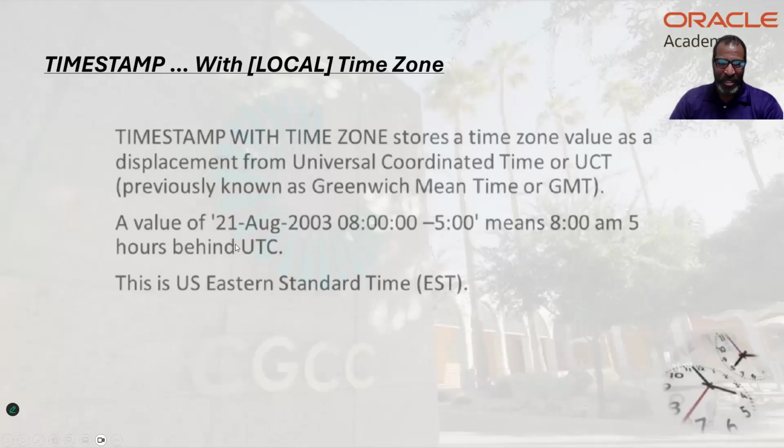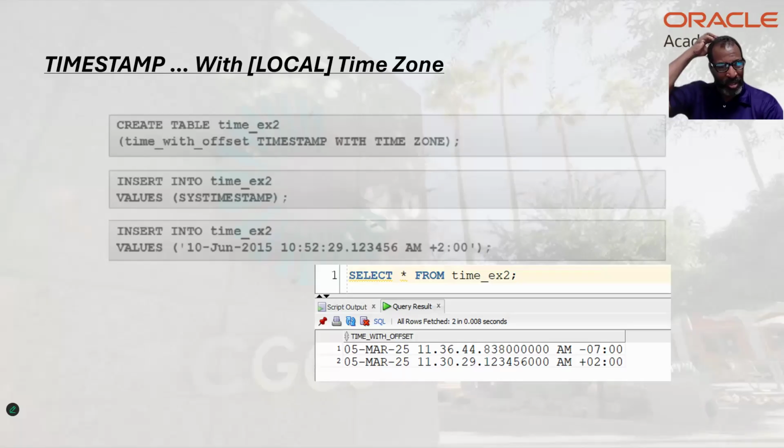So the value of this date means 8 a.m., 5 hours behind UTC, and that would be Eastern, which would be New York. You can drive yourself crazy, but yes, you can use this particular way to determine the actual local time.